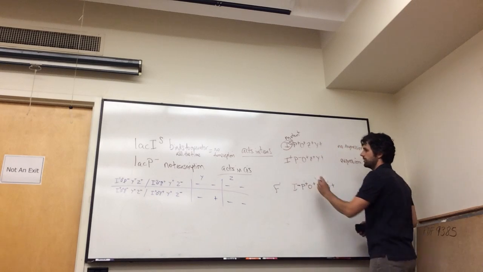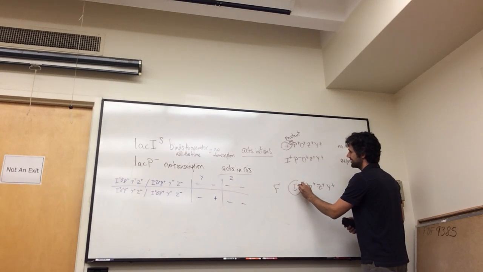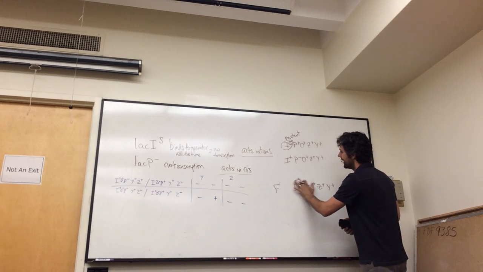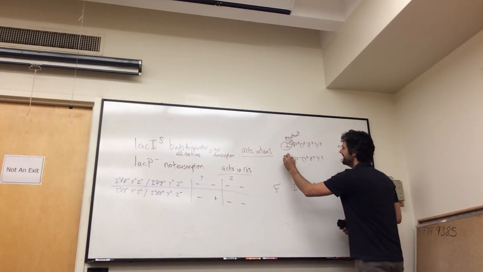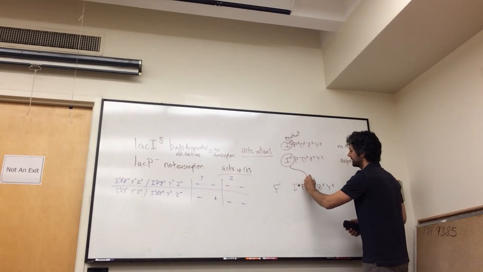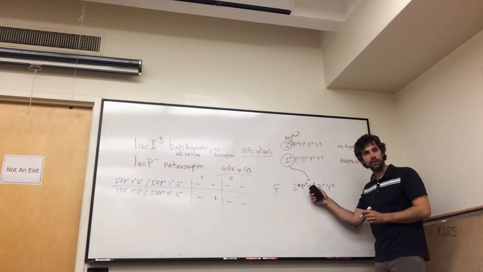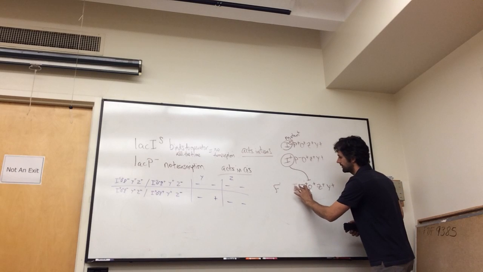If we have this situation, I've got to write this plus. Why do I keep doing this backwards? We have this situation, and we have a normal lac I, which can bind onto here, and it can regulate the lac operon normally.